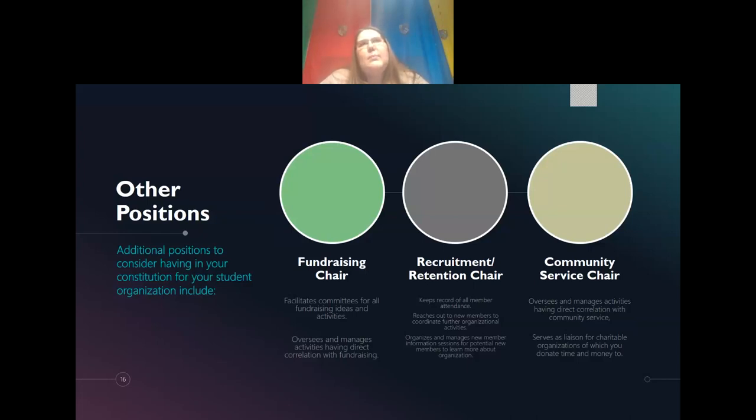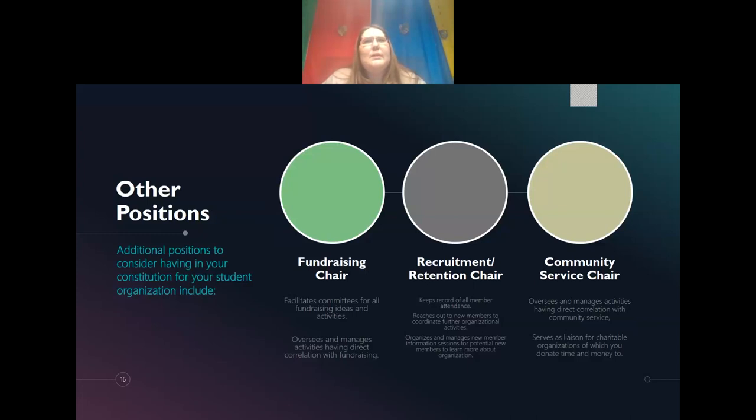So putting on your bake sales, your different sponsorships, connecting with those, doing any kind of donation drives, just anything that the org is pulling in funds or donations. They're overseeing that, planning that. Not that they're doing it alone, but they're really being that touch point person for making sure that everything's occurring.